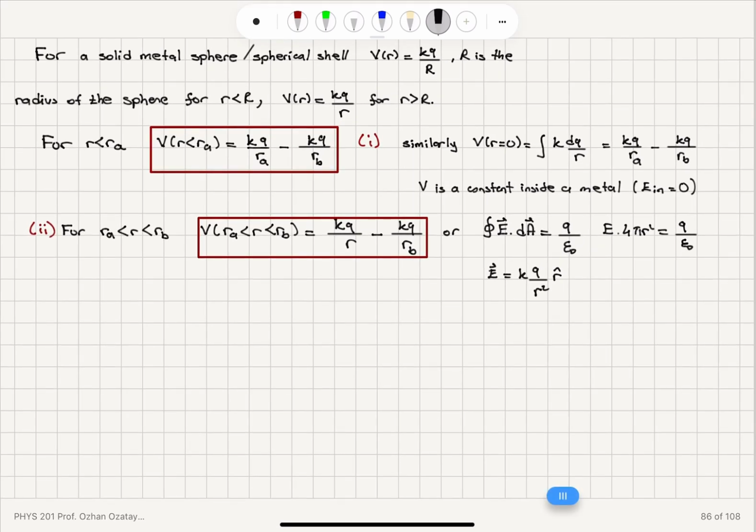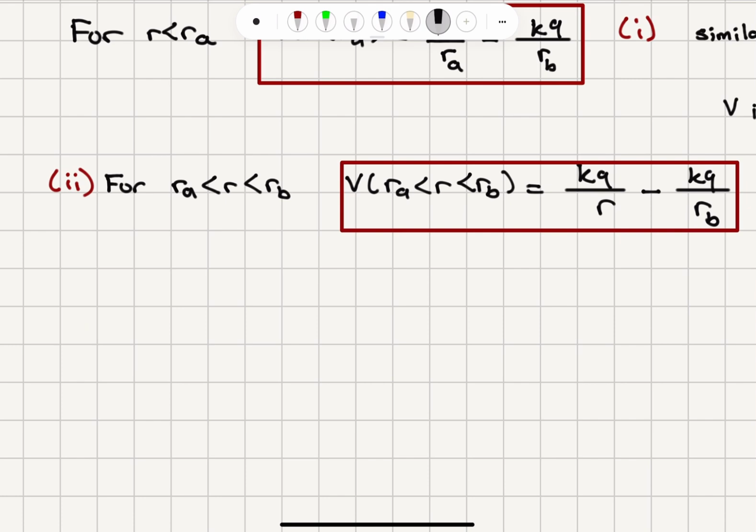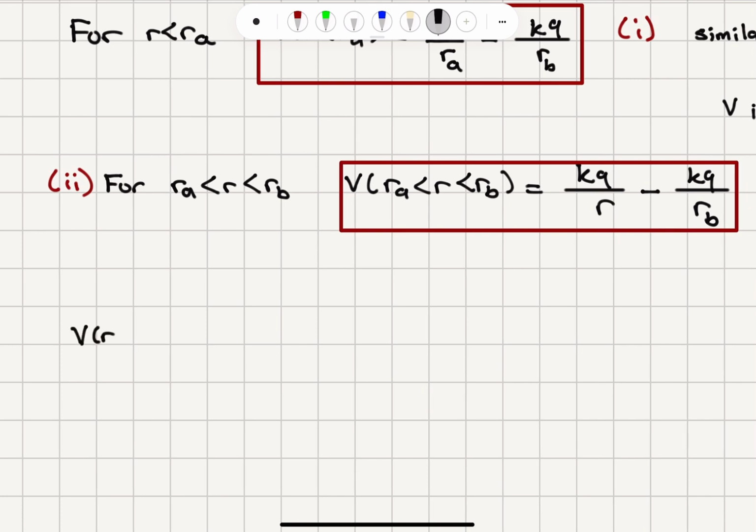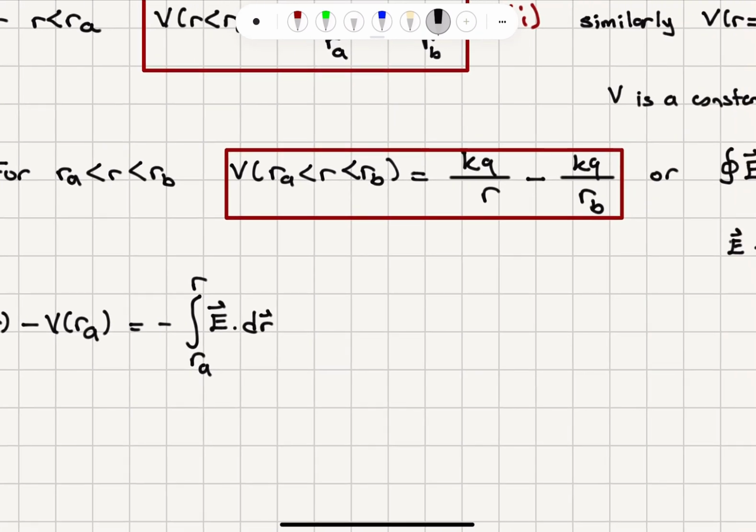Now, potential at r, V of r, with respect to the potential at r sub a, V of r minus V of Ra, is minus the integral, the path integral, from r sub a to r, E dot product with displacement, and that gives me minus the integral from r sub a to r, kq over r square dr.